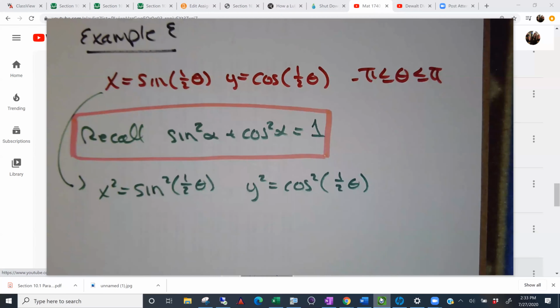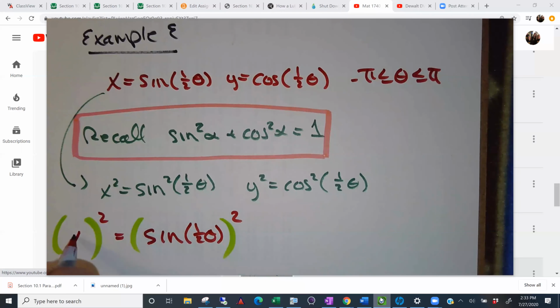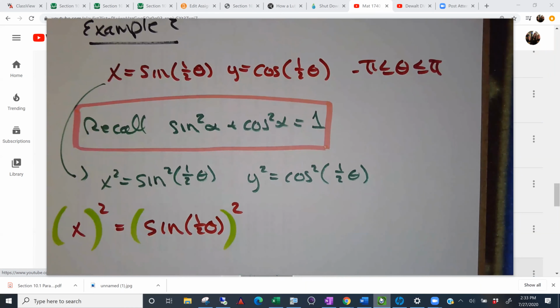So basically I'm taking the whole thing, sine of 1/2 of theta, and squaring it, and doing the same thing on the other side. Now, this is just a different way to write what this is. You're squaring the whole function.